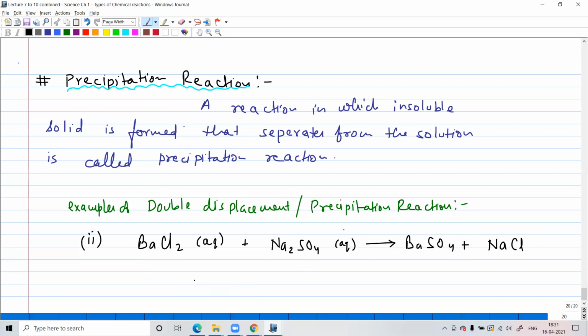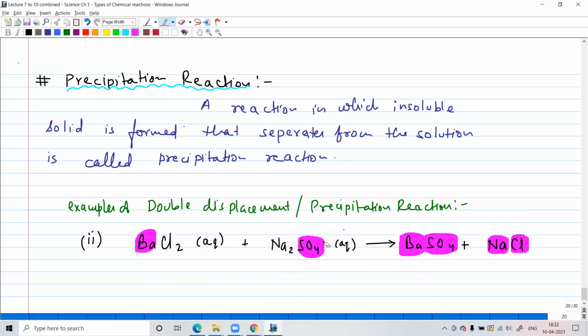Okay, now is this reaction already balanced? Can you check? Yes, sir. See, barium, there is only one, no problem. Sulfate also, fine. Chlorine, there are two, here only one. Sodium also two, this side is only one. Is it balanced?